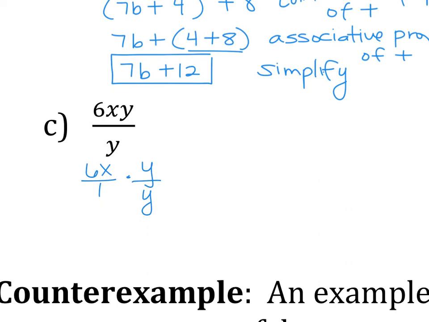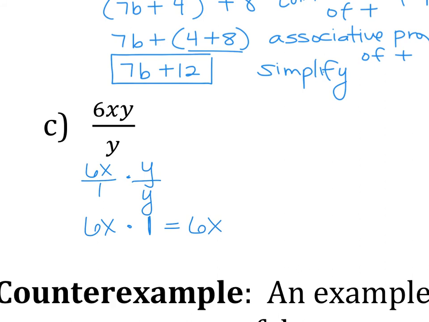What is y divided by y? 1, right? 7 divided by 7 is 1. Y divided by y is 1. Anything divided by itself is 1. So you're doing 6x times 1, and that equals 6x.